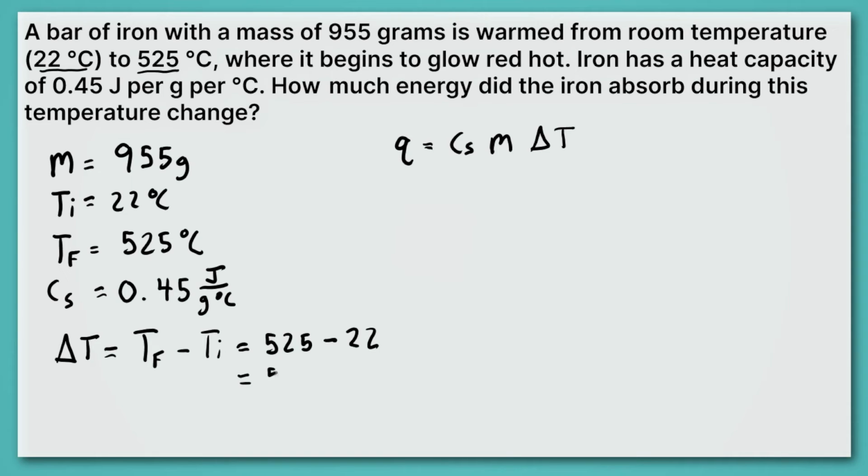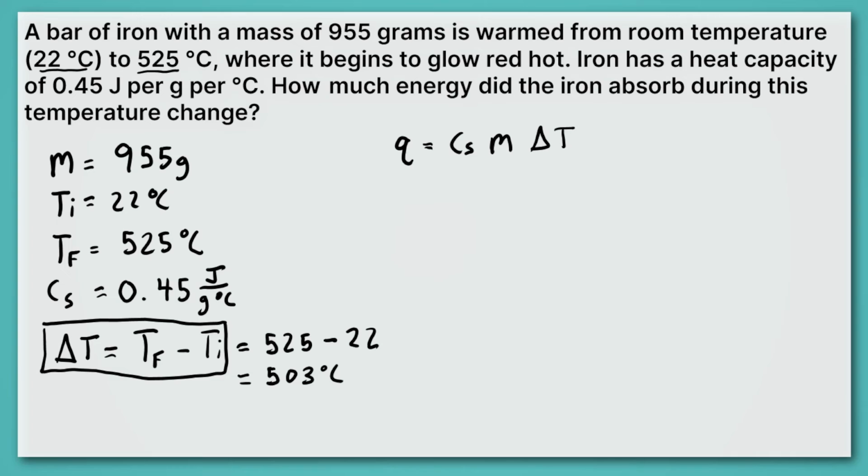That means our temperature change is 503 degrees Celsius. Okay, now that we've calculated our temperature change by doing final minus initial, we can use our heat capacity equation. This equation is not really new, but do keep in mind that you will need to calculate the change in temperature pretty often in these problems. So you may just want to take a special note of that. Whenever we have a change, we do final minus initial.